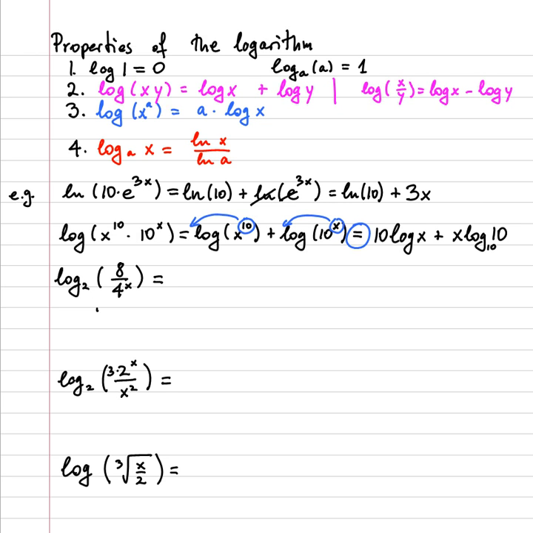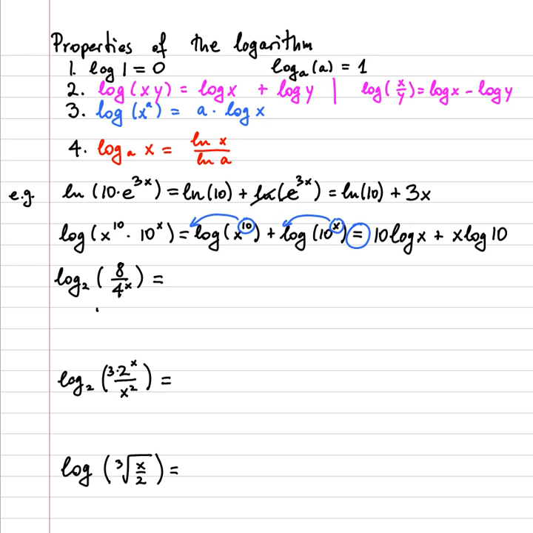There are two special logarithms. One is log base 10 and the other is the natural log with the base e. Natural log is the one that we saw in the first example, and it's written by ln. Log base 10 is written without any base.